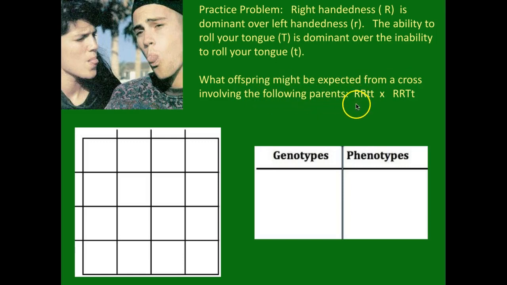So this is going to be a right-handed person that can't roll their tongue, and it's homozygous dominant for right-handedness, homozygous recessive for tongue rolling. And this is going to be a right-handed person that can roll their tongue, but it's going to be heterozygous for tongue rolling. So go ahead and pause this video right now and do this on your own. Go.